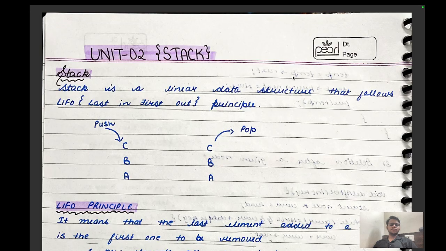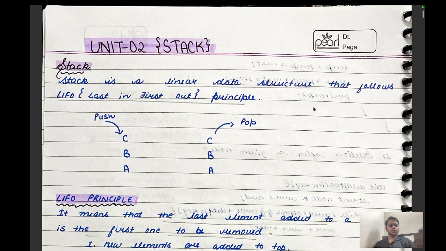So now let us begin with what is stack. Stack is a linear data structure that follows the LIFO principle. From the definition, it is clear that stack is a linear data structure. Like various data structures such as string, integer, and many more, it is also a data structure used to store values in C language or any other language.